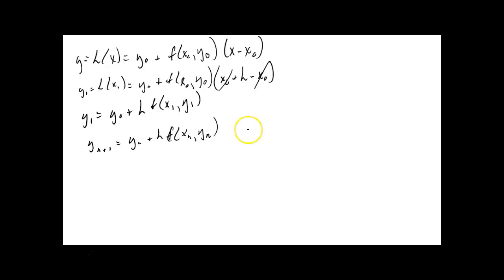Now, what is your x sub n? It's whatever your x sub 0 was plus n times h. You're incrementing along. Last time they were doing 0.1 steps at a time. You could have chosen 0.05, or 0.5, or any size step. The smaller the step, the closer your approximation is going to be. The larger the step, the more rapidly it deviates from reality. This is basically Euler's method.